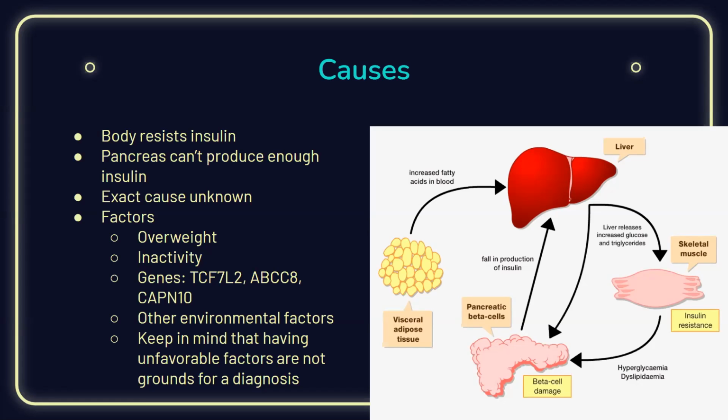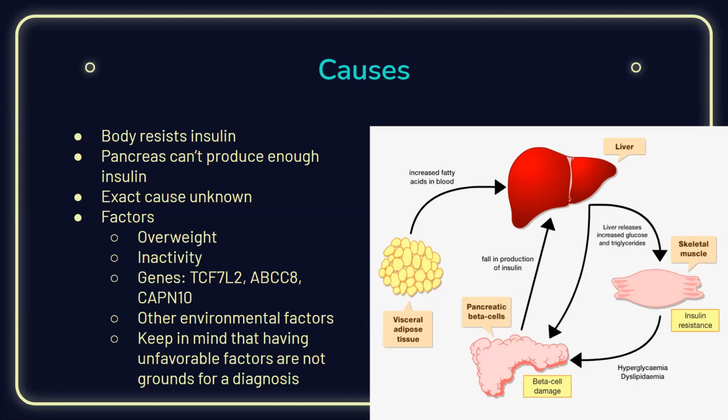But some factors, not causes. So these are things that often can go into you getting type 2 diabetes: being overweight or obese, having a lot of inactivity, mutations in the genes TCF7L2, ABCC8, or CAPN10, and then some other environmental factors such as viruses like those enteroviruses can alter the genome or alter the ability for the pancreas to function correctly.